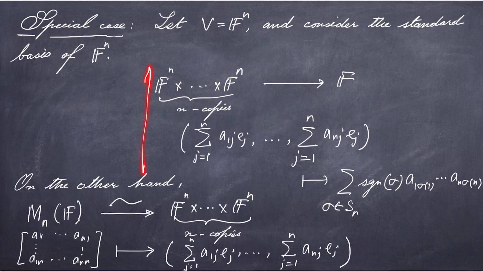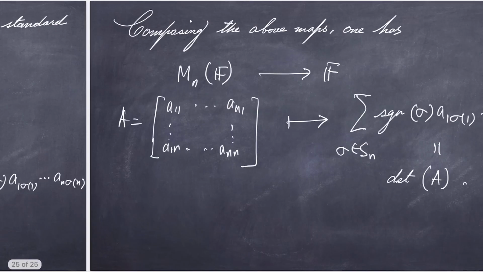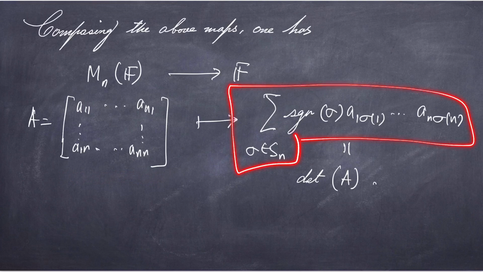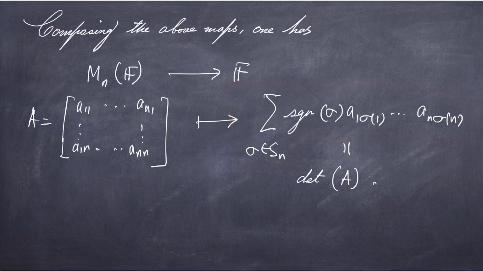So this determinant map, specializing the general theorem to this case, composed with this linear isomorphism gives us the following map, where a square matrix is sent to this. We define this quantity to be the determinant of the square matrix. So that's how the determinant of any square matrix is defined.